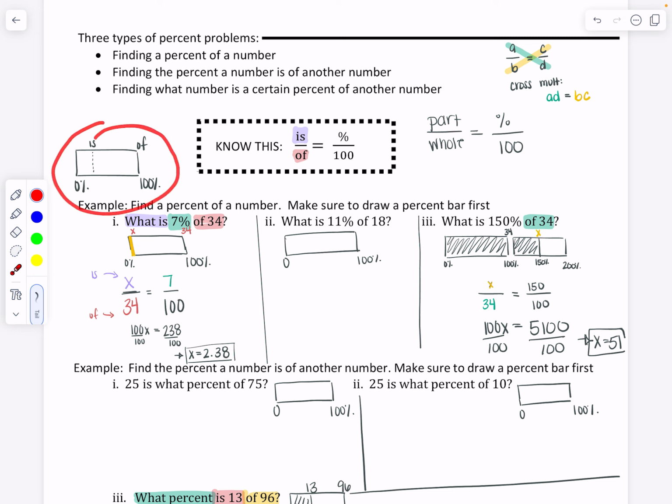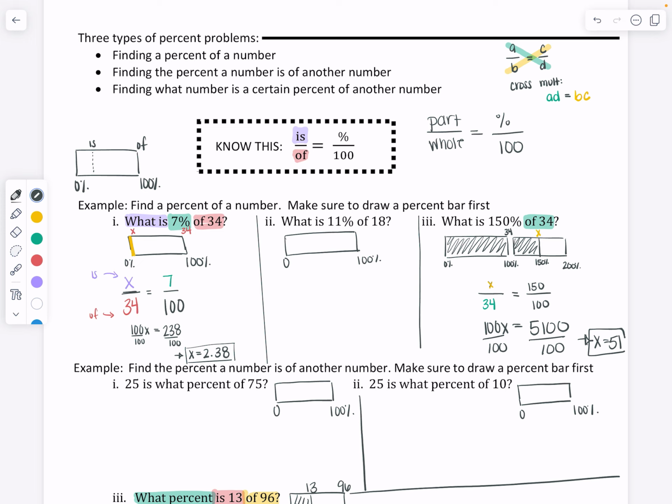I have a general percent bar here on the left side of the screen. So let's look at one together. What is 11% of 18? The first thing it says is find the percent of each number and make sure to draw the percent bar first. So I've got my general percent bar, empty.